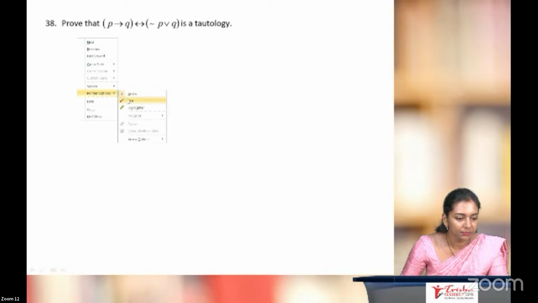We need a column of P, a column of Q, P implies Q, negation P, and negation P or Q. If I take this as 1 and this as 2, ultimately you need a final column with the first double implication with the second, the biconditional you say.